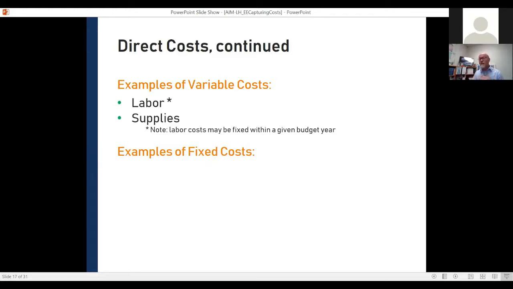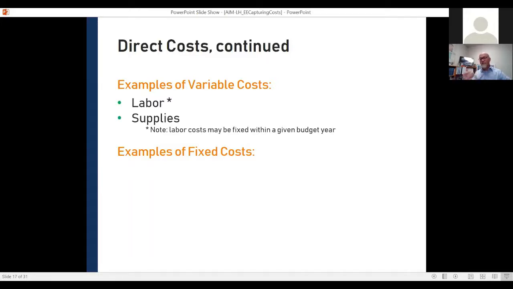Say we're offering tobacco cessation services, and we're providing those classes in the community, and now we have a great demand for it. Now we have to hire 5 additional cessation counselors to meet that demand. In that case, it would be a variable cost, but a lot of times it's not fixed.